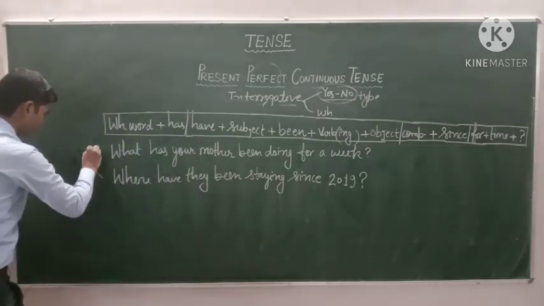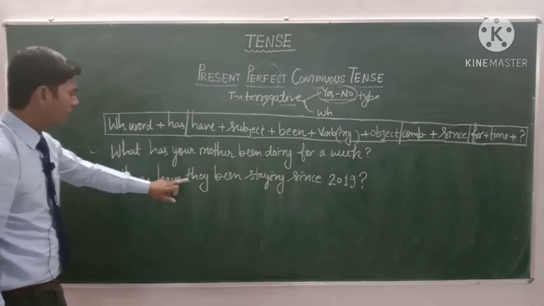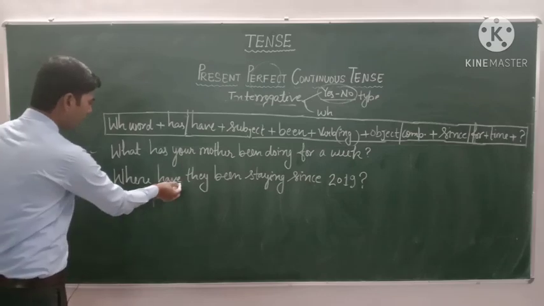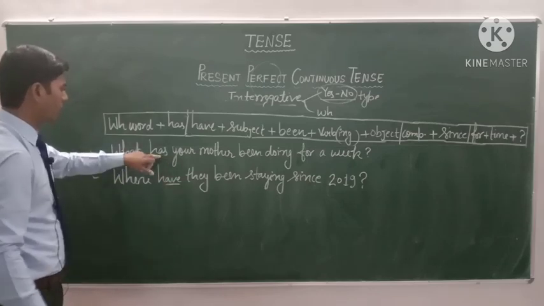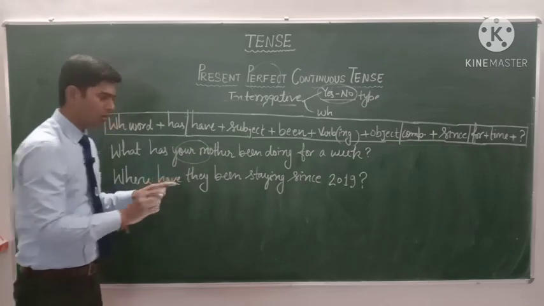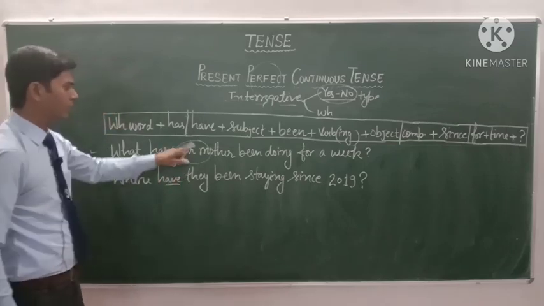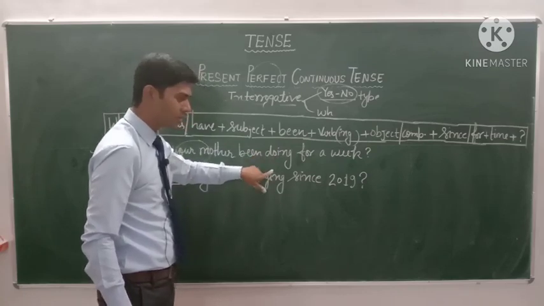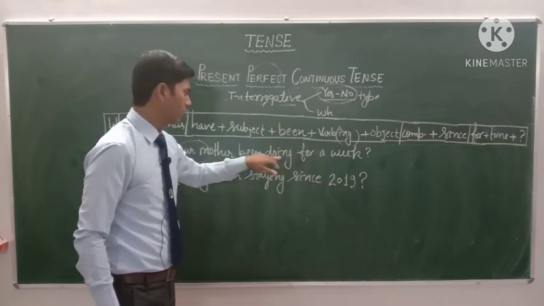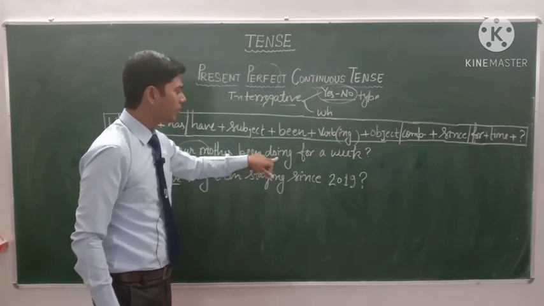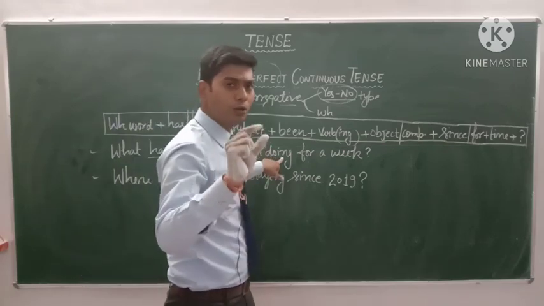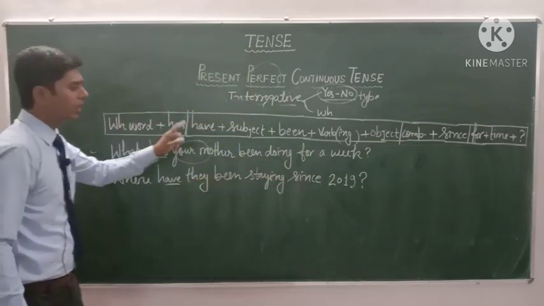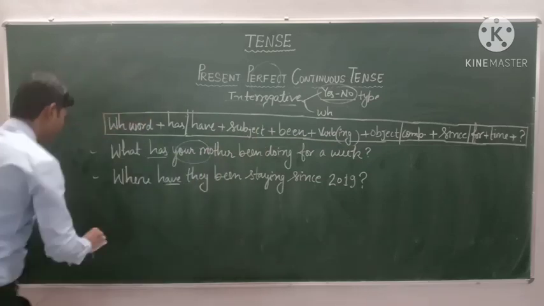Okay, where have they been? It is a third person plural subject, so I mentioned here have. Here we are talking about a mother, so I mentioned here has, and the verb-ing form is staying, and here is doing. Stay, stayed, stayed, and staying, right? Here is the present participle form of the verb do. Okay, do, did, done, and the ing form is doing.